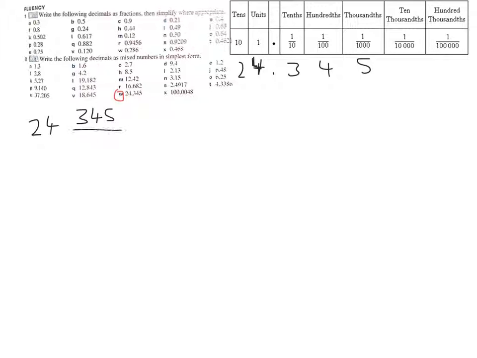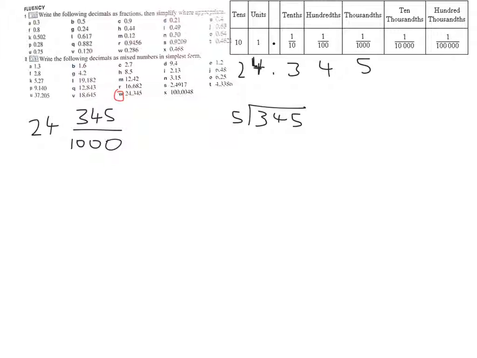345 over 1000. So we know now that if the last two digits end in a 5 and a 0, then definitely the number 5 can go into both numbers. So let's find out what that is. So we put 5 on the outside of the division sign and 345 on the inside.